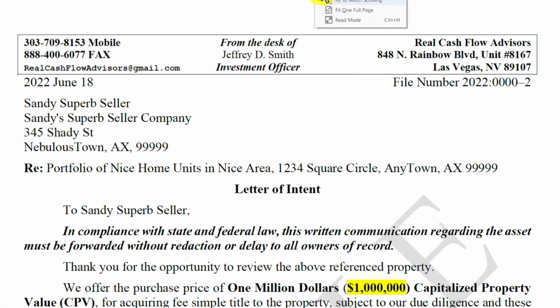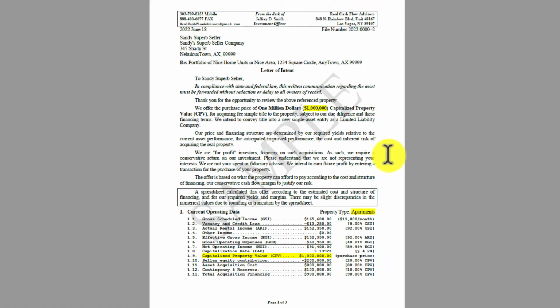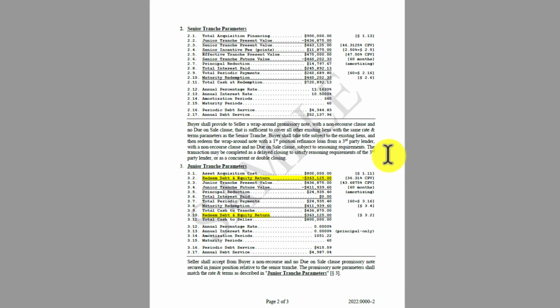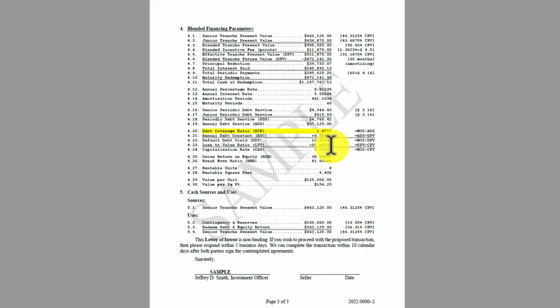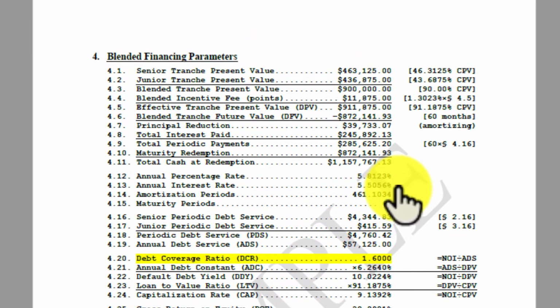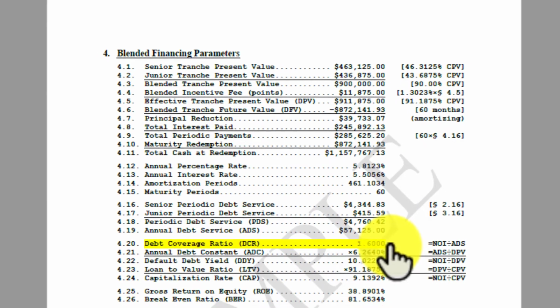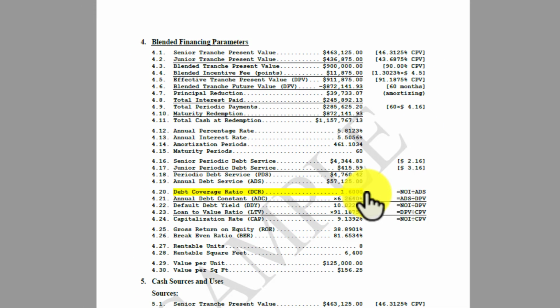The letter of intent to the seller is also slightly customized in terms of what we want to do with the senior and junior tranches. Blended financing is the same thing. Either way, you're getting a blended annual interest rate of 5.5% with a debt coverage ratio of 1.6. That's how we arrive at the capitalization rate.